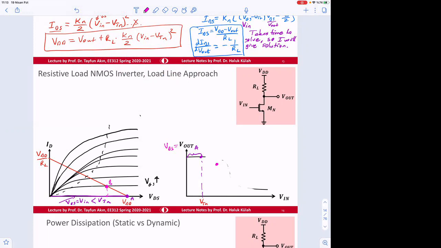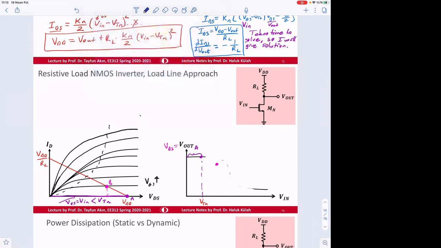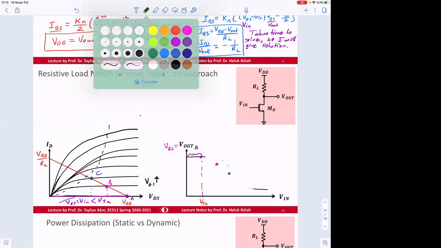And then another solution is going to be point C. So that voltage is going to be about 2.5 volts, maybe around here, right? It's between VDD and this one. So depending on the other voltages, we can draw this one.